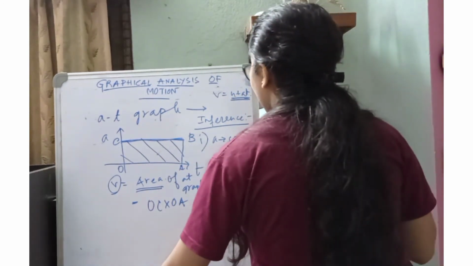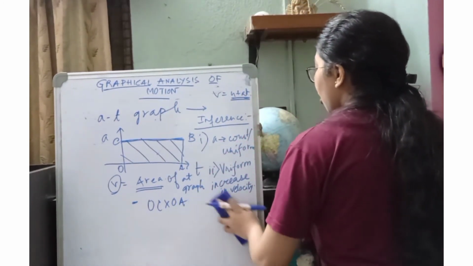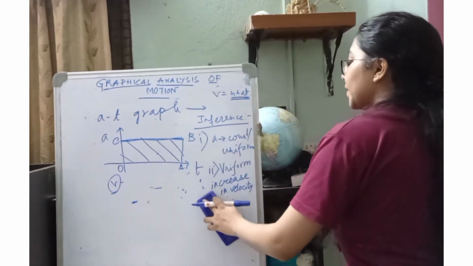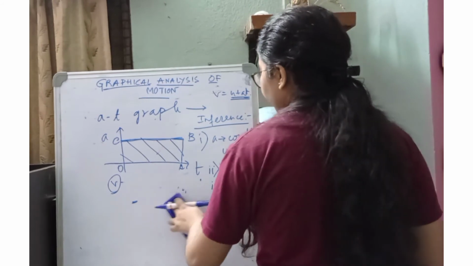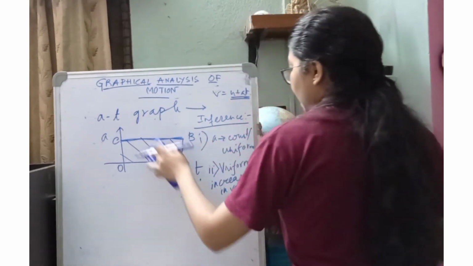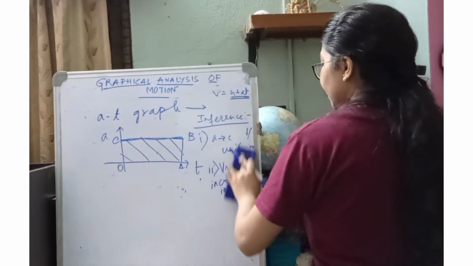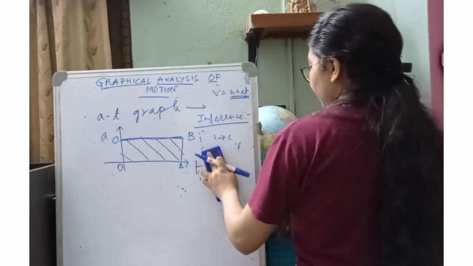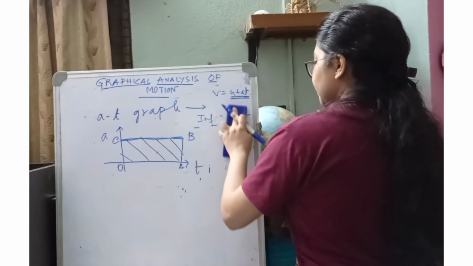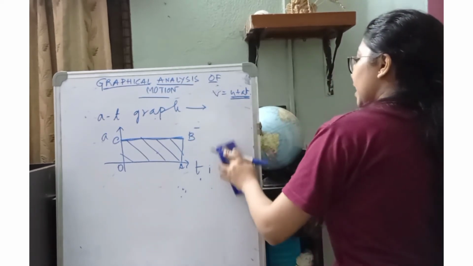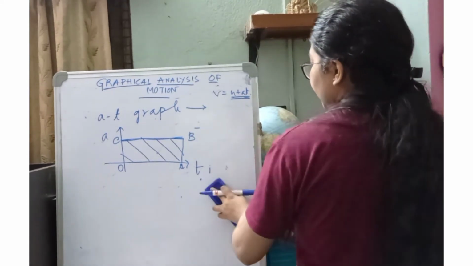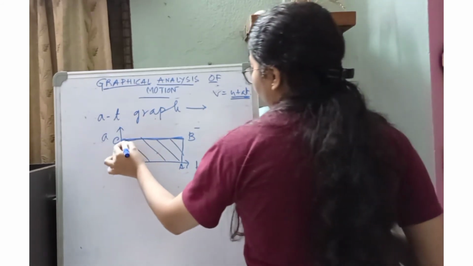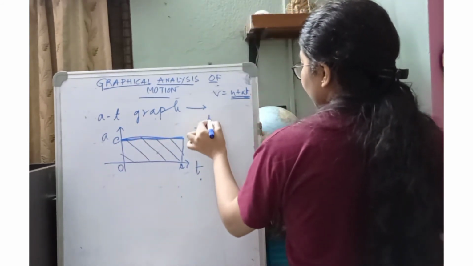Now if it is asked that you draw the velocity-time graph from the AT graph. This AT graph is provided and you are asked to draw the VT graph from this. From this graph, acceleration is constant.